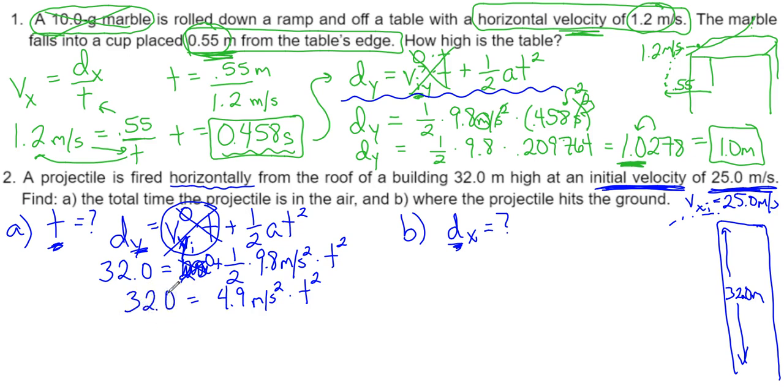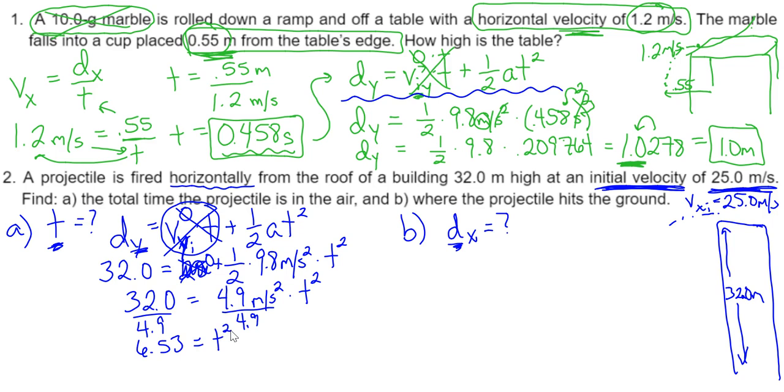So I'm going to go ahead and get my calculator out, and I'm going to divide both sides by 4.9. Okay, so 32 divided by 4.9 is equal to about 6.53, which is equal to t squared.